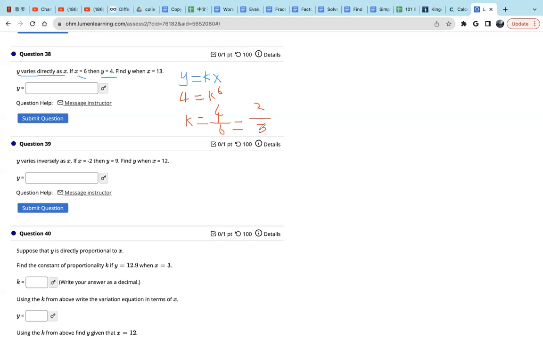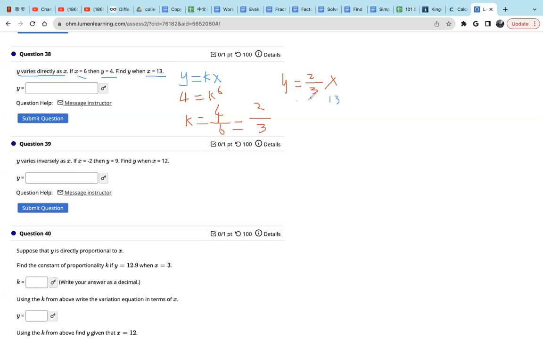So through this, we have found k. That means y equals 2 over 3x. Now the question is asking, if x equals 13, what's y? Well, we just plug in 13 for x, right?